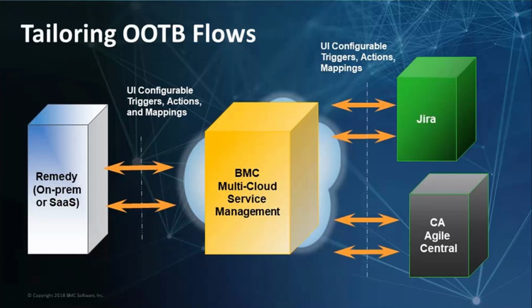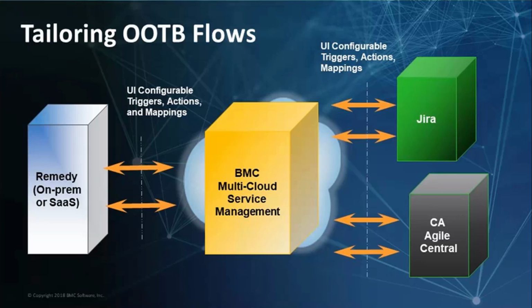Then actions, which are what should happen. Should I create data in the multi-cloud application? Should I update data? So you have different actions, and then you have mappings. Mappings are how you want the data from field A to be moved to field B, and you want to have transformations happen as a result of the movement of that data. So all of those flows are managed within the integration services application itself.